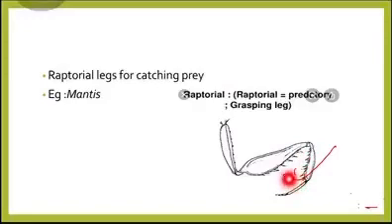The prey is caught in between the tibia and the femur, and the angle of the tibia and femur is increased or decreased according to the size of the prey. So the prey is locked in between the femur and tibia, and then it is carried to the mouth. So this is the raptorial leg for catching the prey.